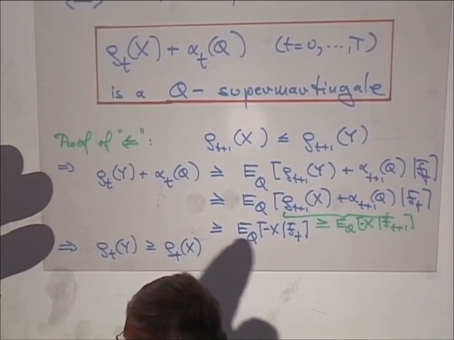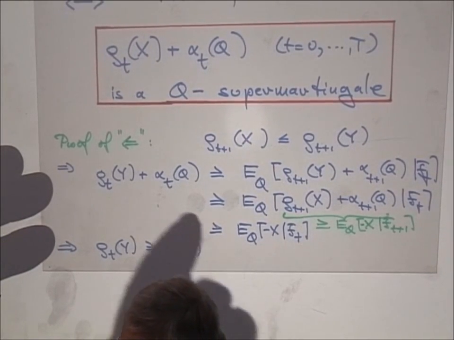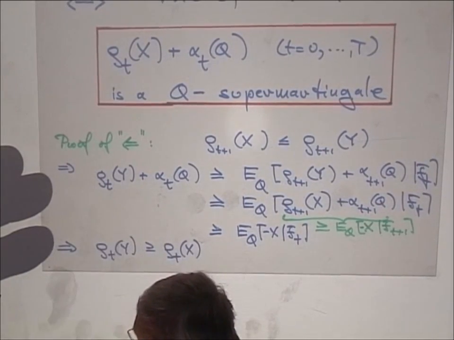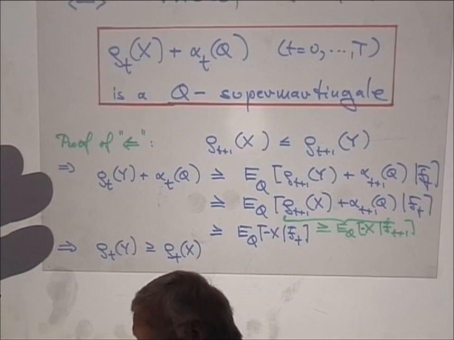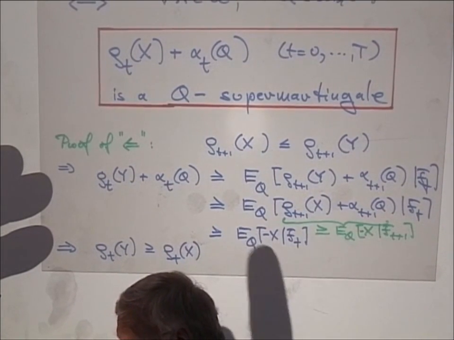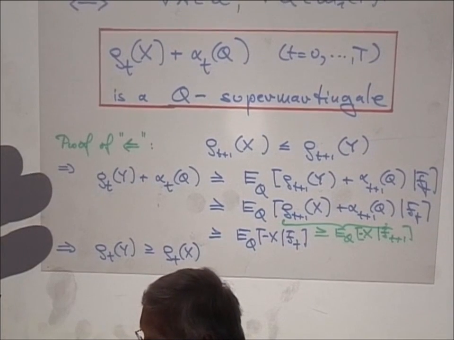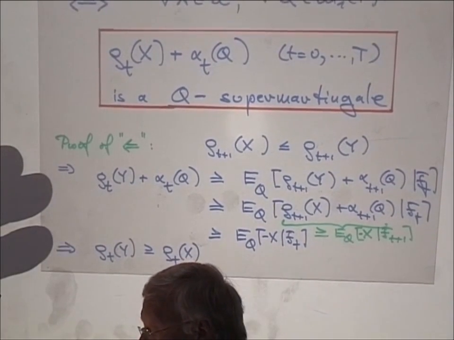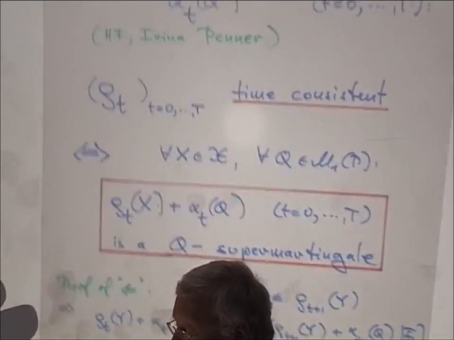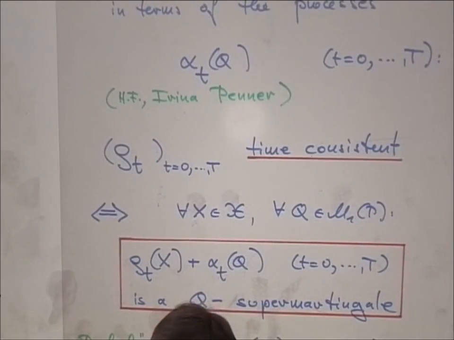So I get rho_t of y is bigger than or equal to this minus alpha_t of Q. Again, by the robust representation theorem, the essential sup of these quantities will be this. And since these approximating terms are below all the time, we get the desired inequality. So this direction is easy.